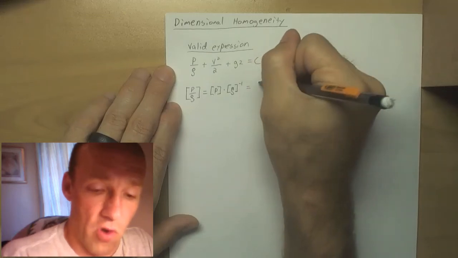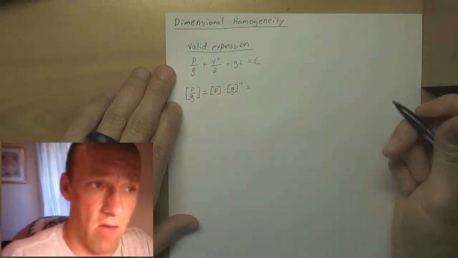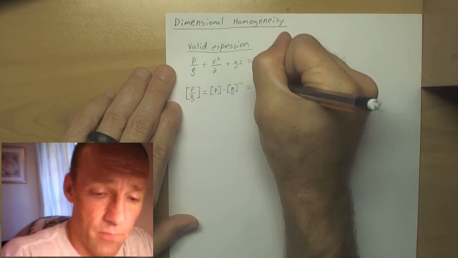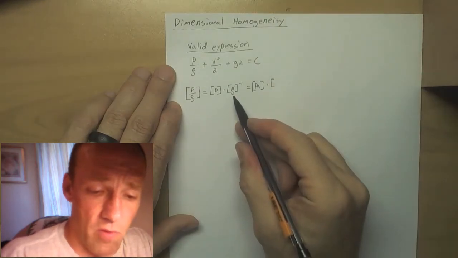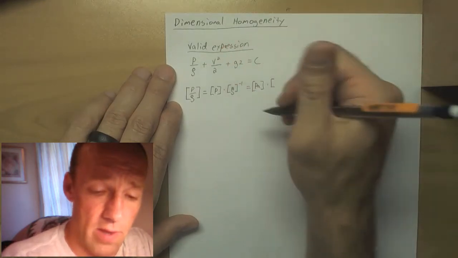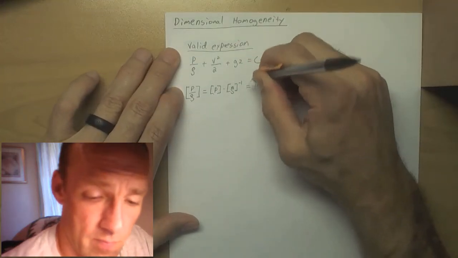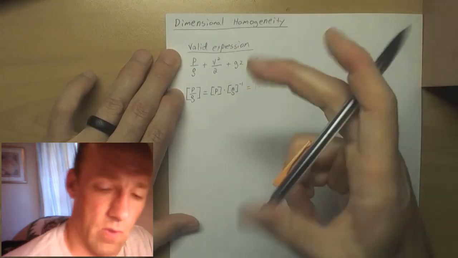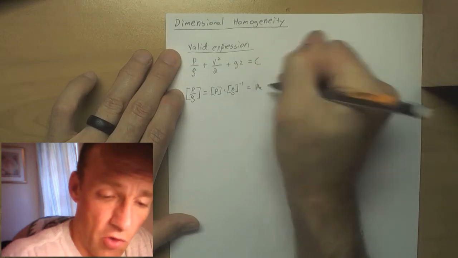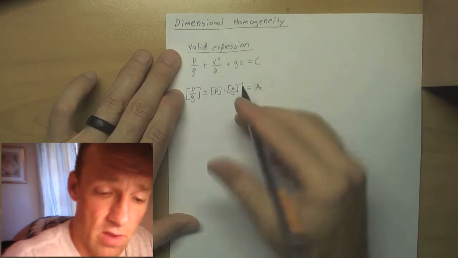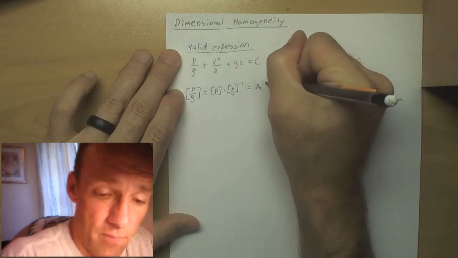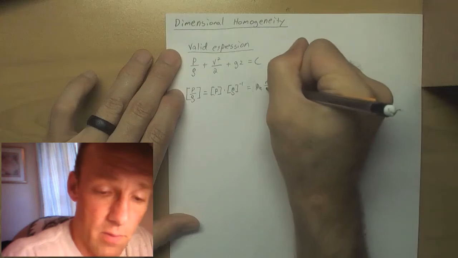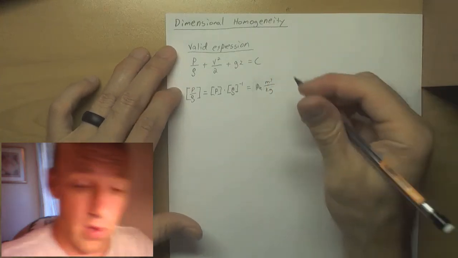So the units of pressure are going to be pascals, and the units of density raised to the -1 is going to be meters cubed per kilogram. Okay.